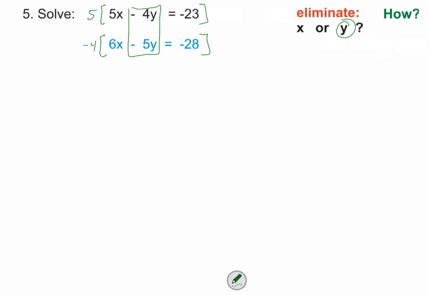Okay. On these, let's use our colors because we need a new black and a new blue. All right, 5 times 5x is 25x. 5 times negative 4y is negative 20y. And 5 times negative 23 is negative 115.